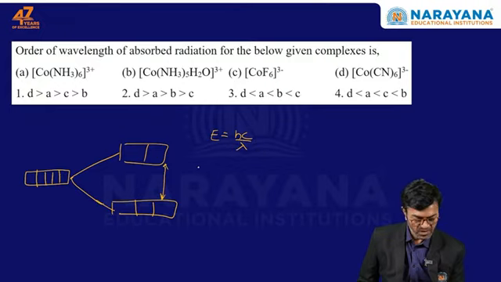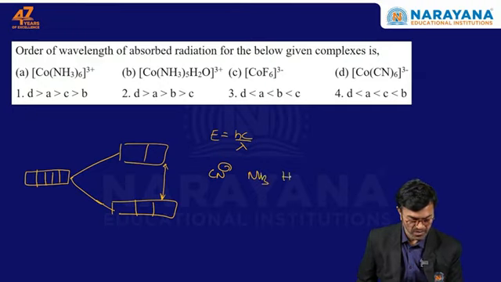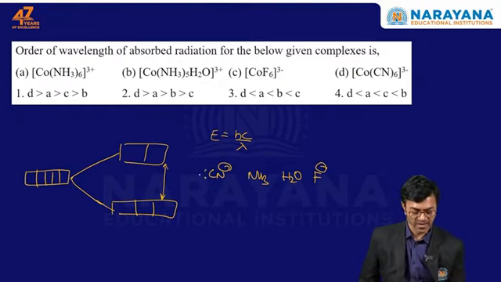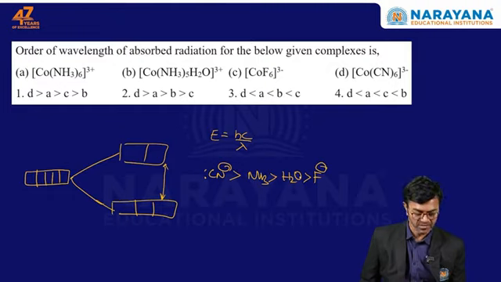So in the energy order, in ligand field strength we have the cyanide ligand, amine ligand, water as well as fluoride. So in the order of field strength, the cyanide ligand causes more splitting than ammonia, ammonia causes greater splitting than water, then F minus.